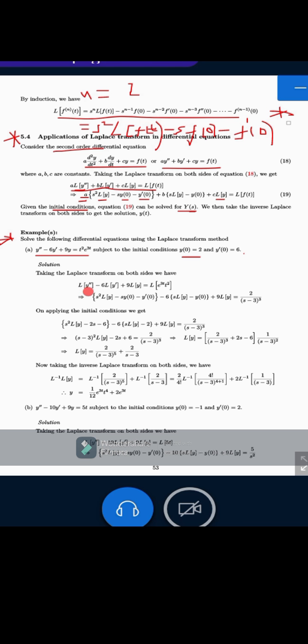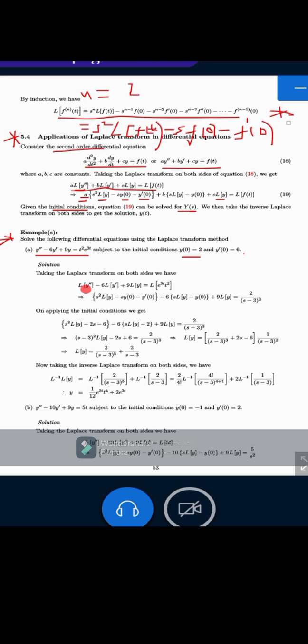We'll have the Laplace transform of y double prime minus 6 times the Laplace transform of y prime plus 9 times the Laplace transform of y, and then equal to the Laplace transform of this function, that is exponential 3t times t squared.